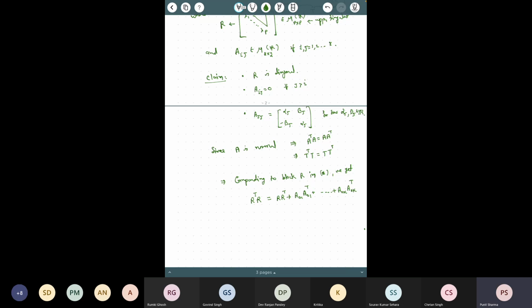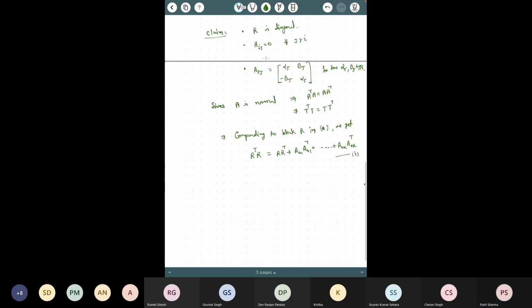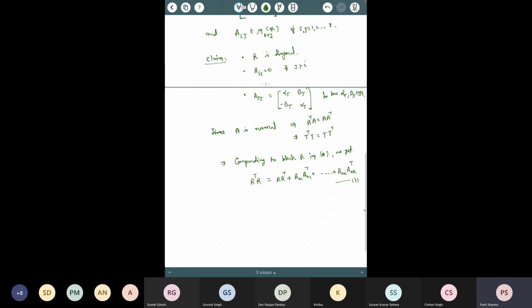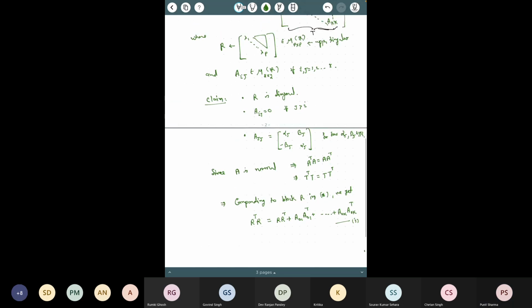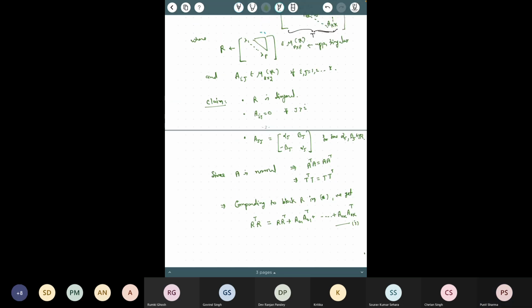Okay, so let us give it a name, equation 1. Now what we want to show is that R is diagonal. What we are given is that R is upper triangular, and we want to show that R is diagonal.